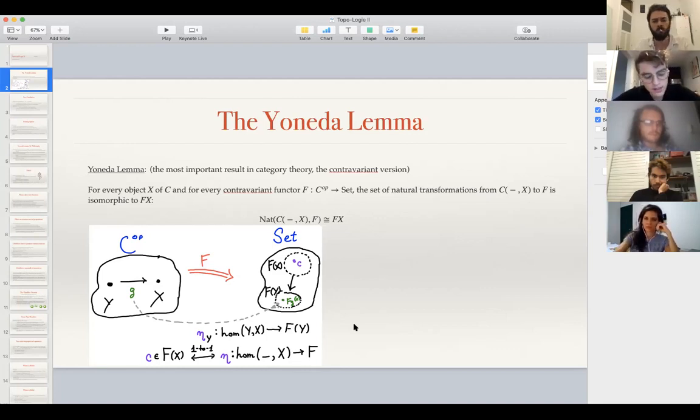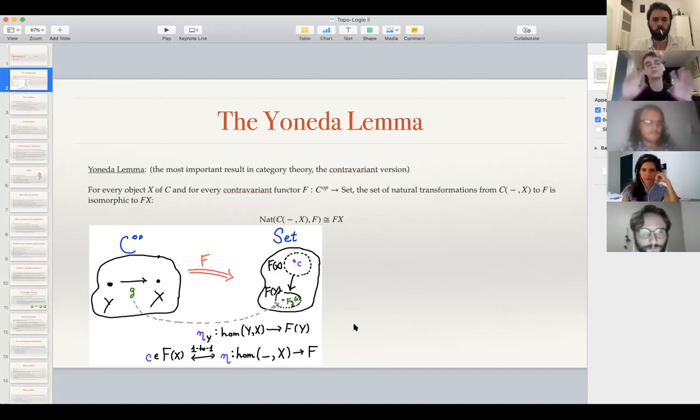And yet it's at the core of many deep theorems in category theory. There's a joke that anytime you have a theorem in pure category theory, or even in applied mathematics in general, very often it can be filtered down to being a consequence of the Yoneda lemma.